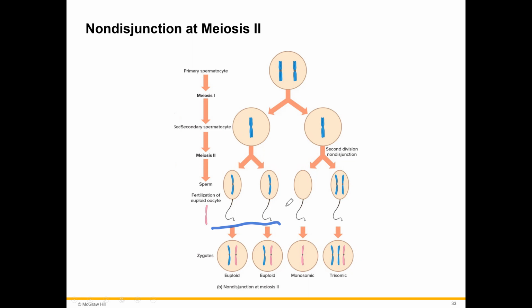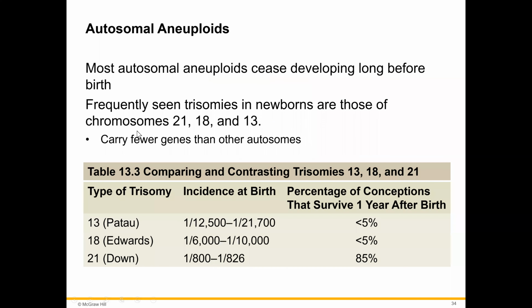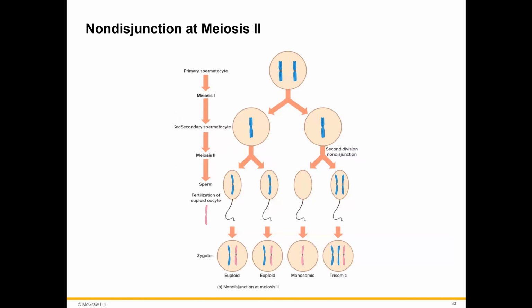So the chance is actually 50-50. 50% chance that the baby will develop with a normal number of chromosomes, but 50% that the baby will not. And out of this 50%, we will have 25% that it's going to be missing a chromosome, and 25% that it will have one extra chromosome.